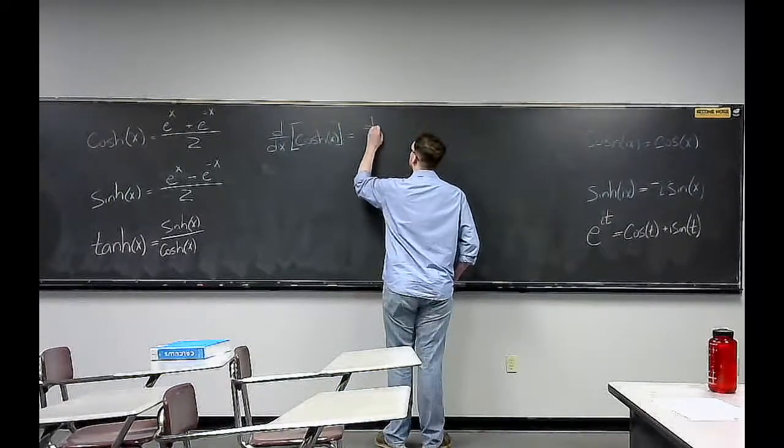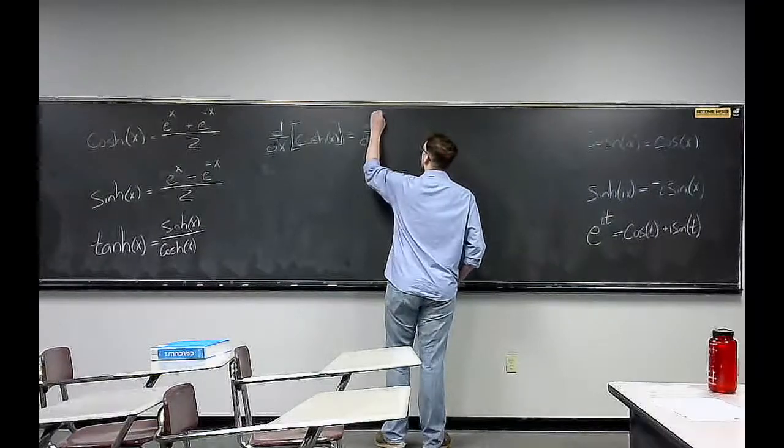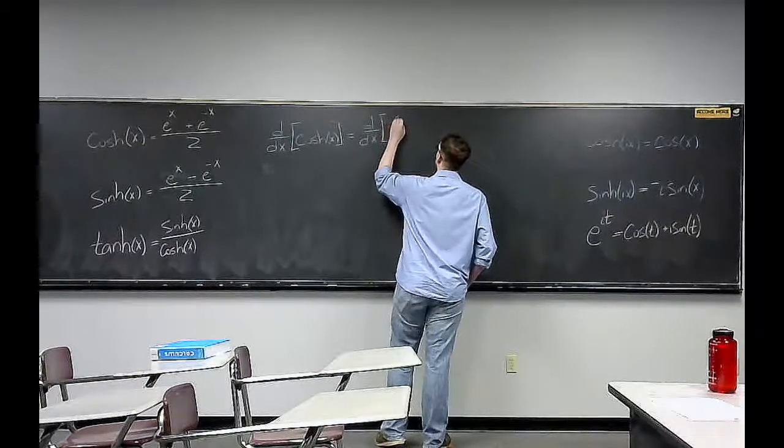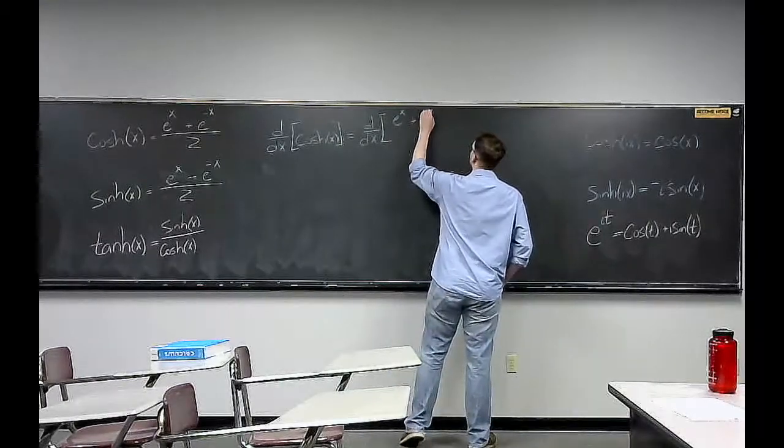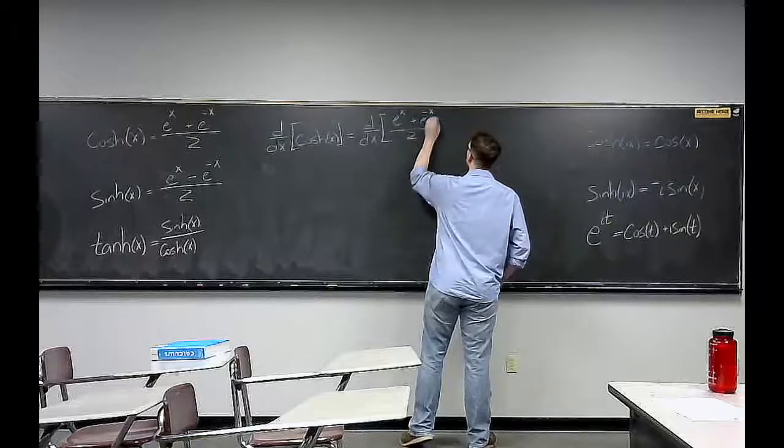Well, this is d/dx of the quantity e to the x plus e to the negative x, all divided by 2.